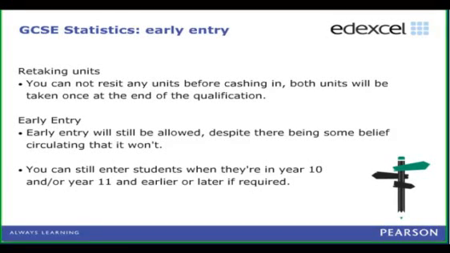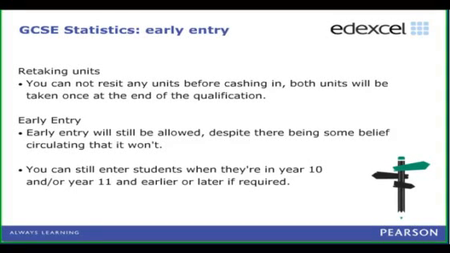I don't think it's something that DFE could police very easily. There's a big discussion about early entry in mathematics and whether it should be allowed. Certainly there's been a large entry in November, for instance, year 11 November for mathematics, but that discussion is still going on.